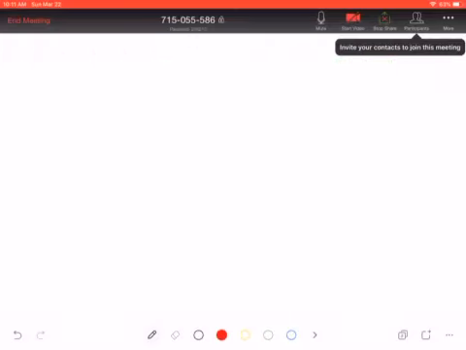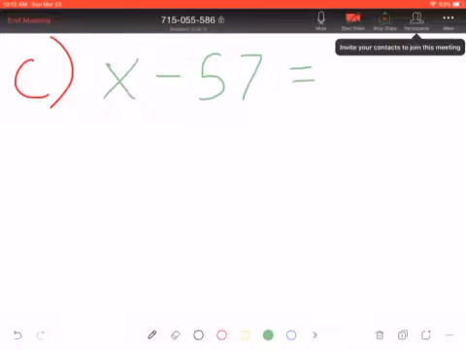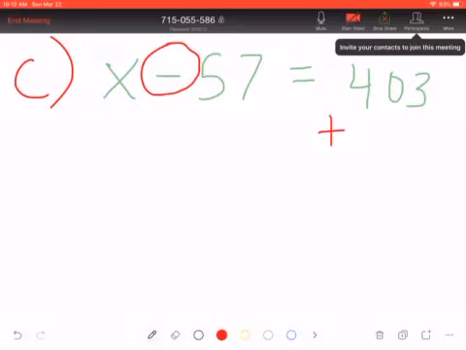Moving on to C. If you think back to the problem you did before, you can use an inverse to answer. So if you set up your equation, you've got x minus 57 equals 403. This time our operation is subtraction, so you're just going to solve by doing the opposite, which in this case is addition.